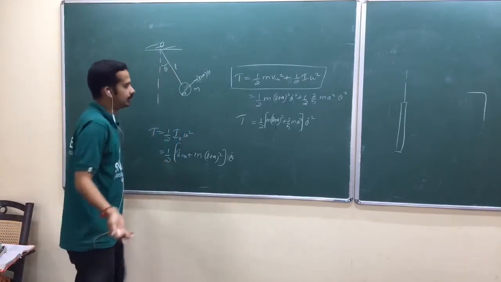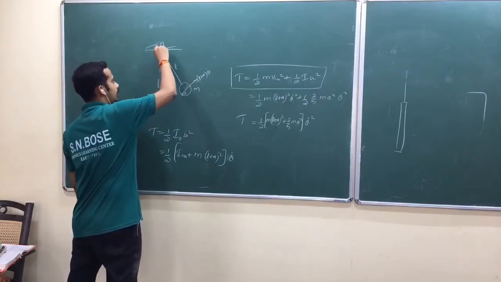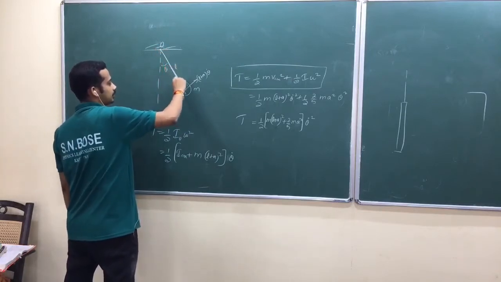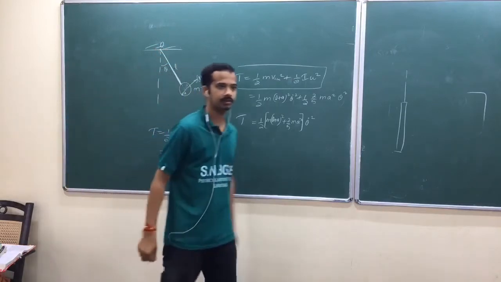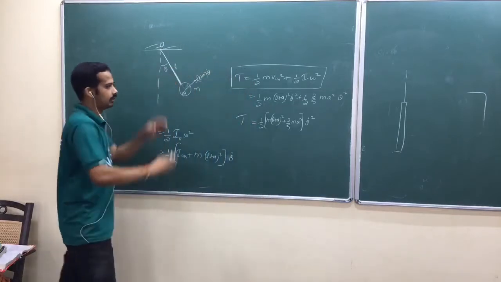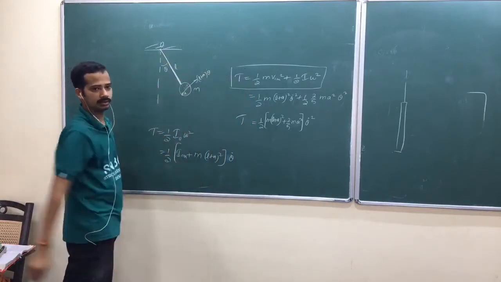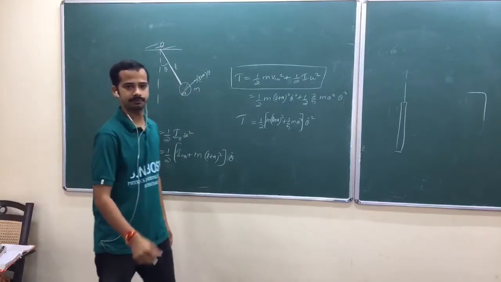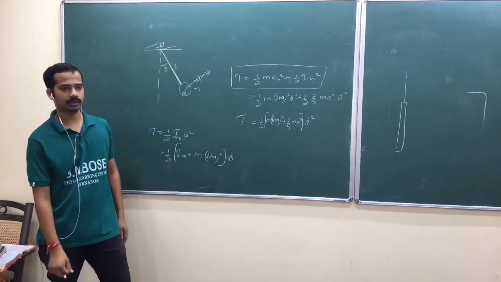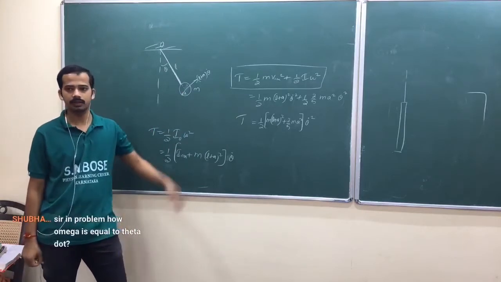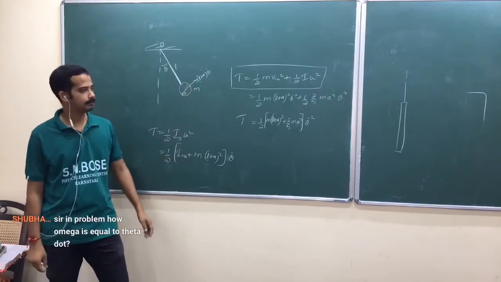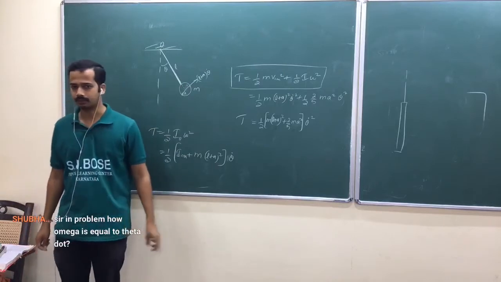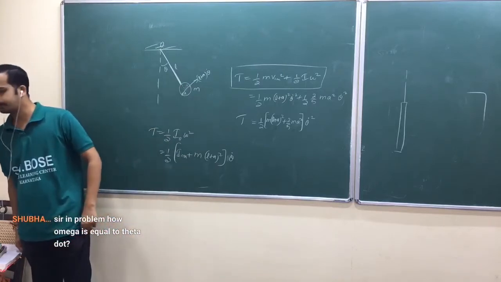That is why the problem says a massless rod is attached to it, so that it will not do any other kind of motion. Compound pendulum is the most general one, and this is one special case. So try it this way; that is much better, we can write it directly.